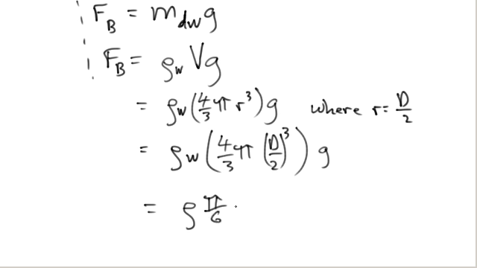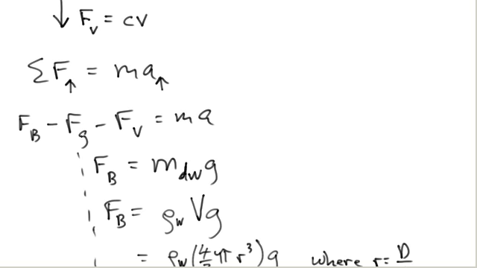Call it pi over 6 times d cubed times g. Alright, that's the buoyant force. That was all a side issue.